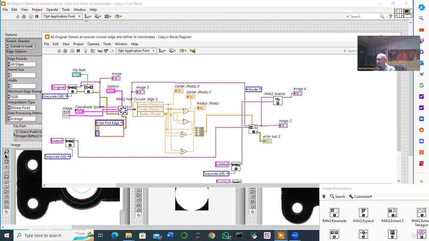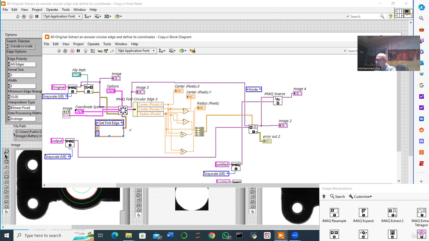So the program is not that difficult also. We use the IMAQ Find Circular Edge 3 function. The input is the image of the bracket itself and the region of interest. And here, of course, the coordinate system is not required to introduce anything about it. And you have to define the system modes.